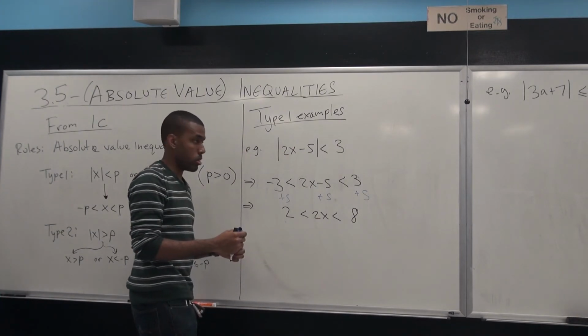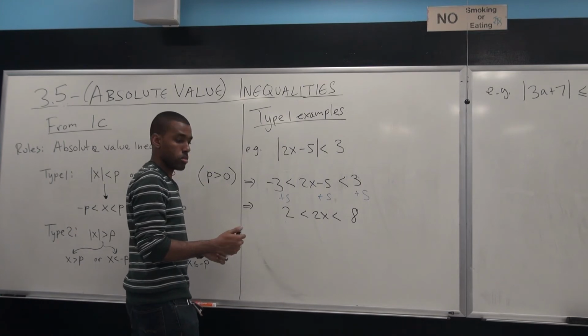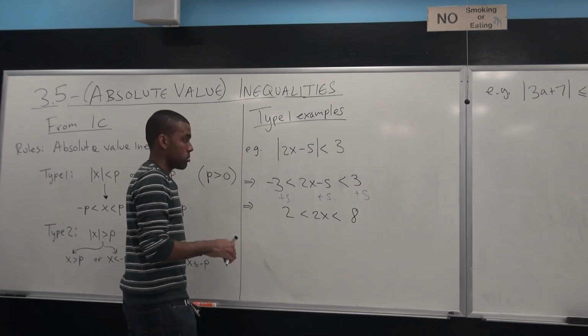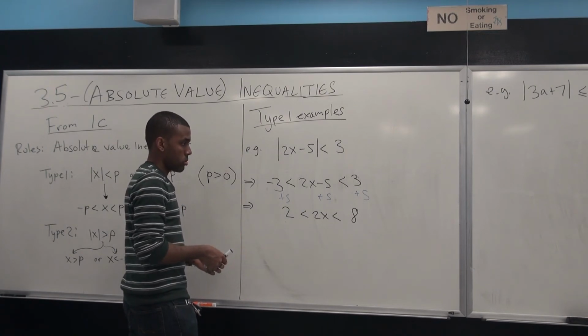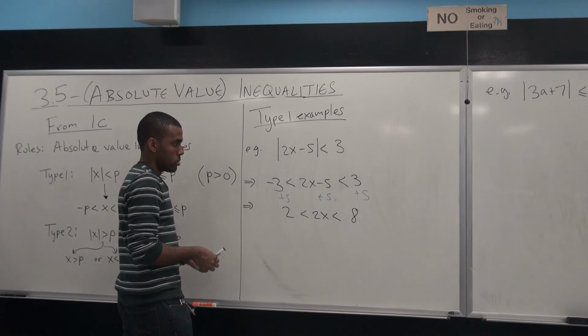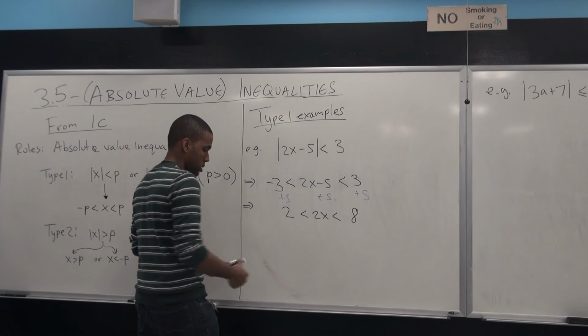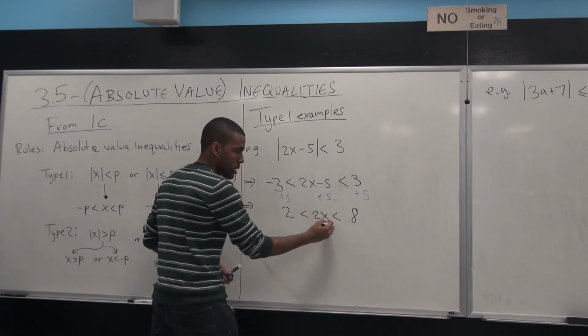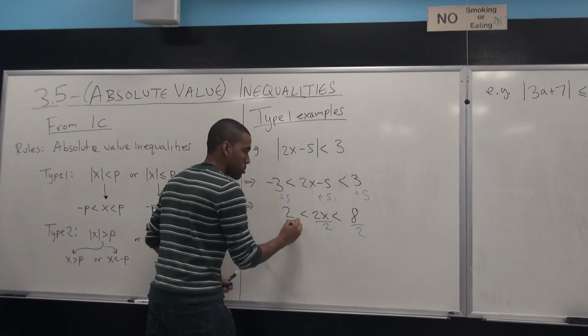Yes. Do you have a question? I mean 8 over 2. Yeah, we want to solve for x. So I would divide by 2 to get x by itself. But I have to do it everywhere, right?